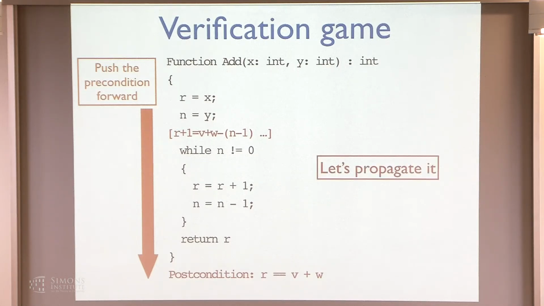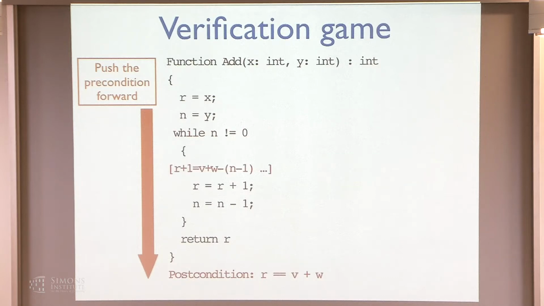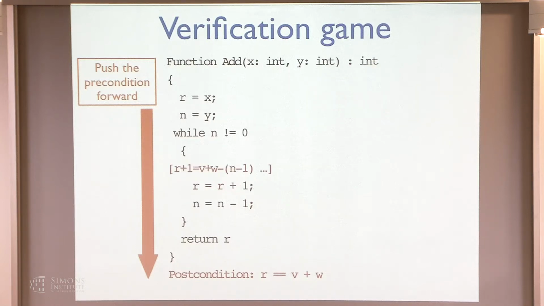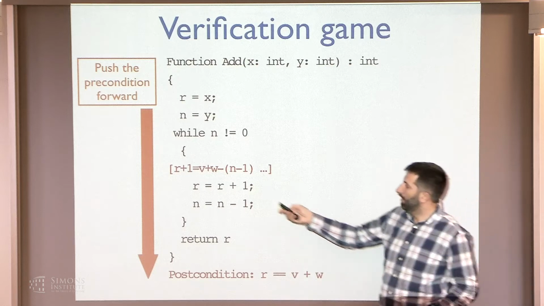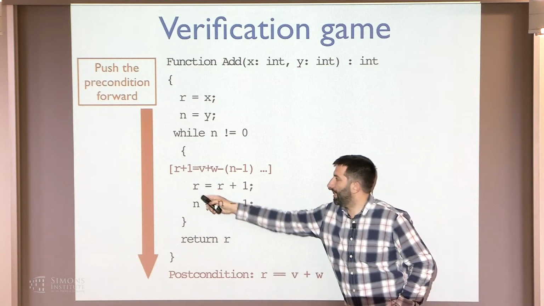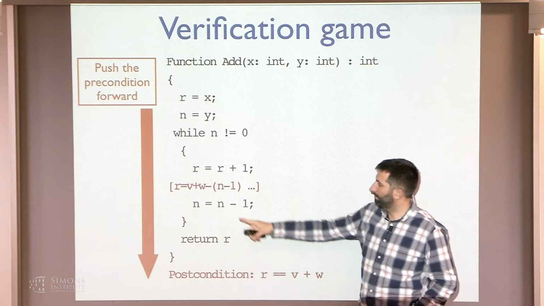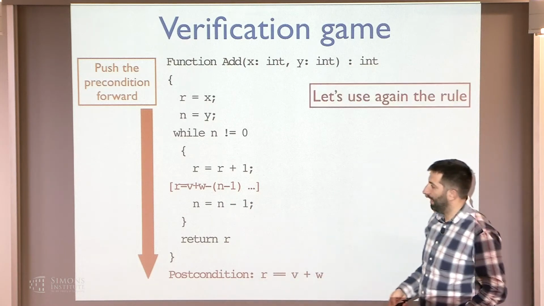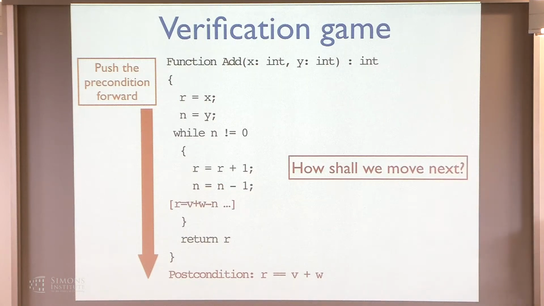Now I try to propagate it through the while, and I keep applying the rule we saw before, and this gets transformed. In particular, notice that now I replace this R plus 1 with R, and then I replace the N minus 1 with N. Now, if you notice, here I have the same constraint I had before entering the while.